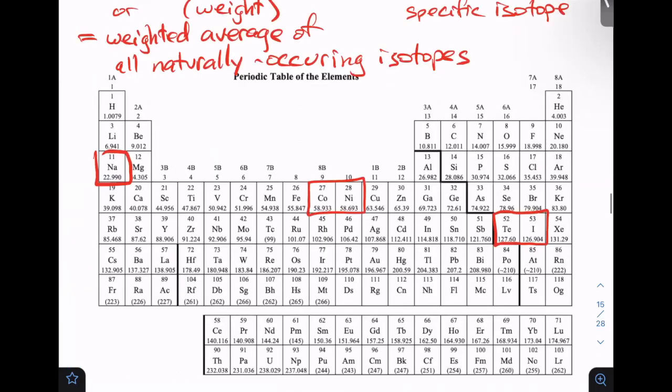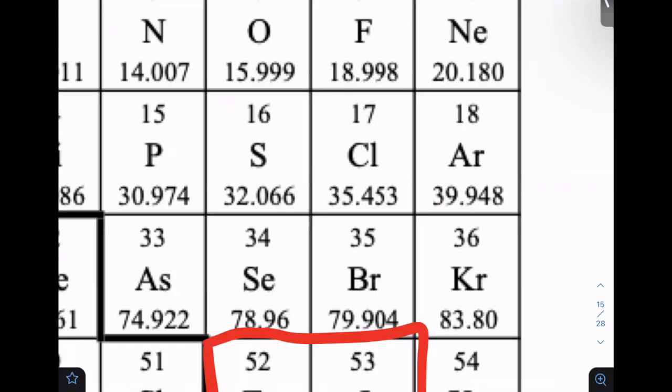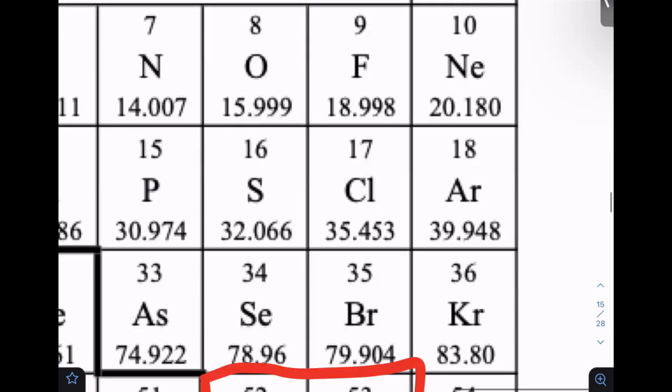Where's neon? Here's neon. 20.18. That's pretty close, right? We're just using nice round numbers here. But notice that the weighted average for neon is 20.180 atomic mass units, right? That's the weighted average of the naturally occurring isotopes of neon.